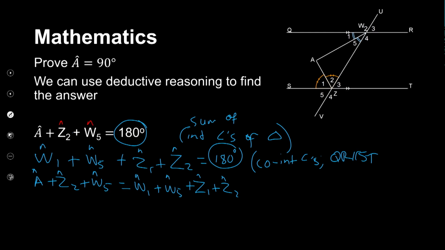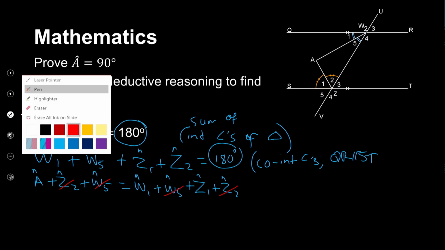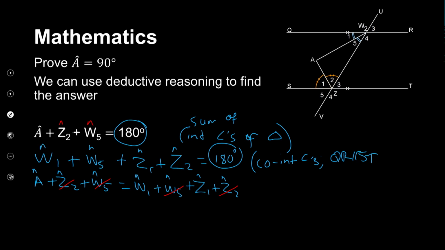Now, what do I know? Based on this, I know that there is Z2 there, there is Z2 there, there is W5 there, there is W5 there, right? Therefore, as a result, I will be left with A is equal to W1 plus Z1, Z1, right?